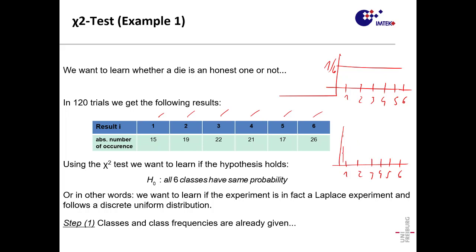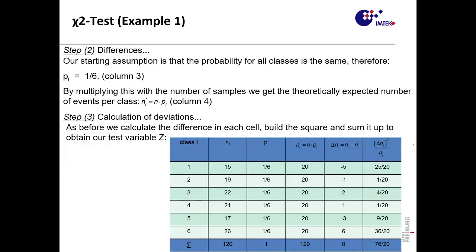And then you have 15 for 1, 19 for 2, 22 for 3, 21 for 4, 17 for 5, and 26 for 6. And in reality, there should be a flat line here, right? So we're going to compare the non-uniform distribution to this set of bins. So we define the classes as 6, and we have the value for each.